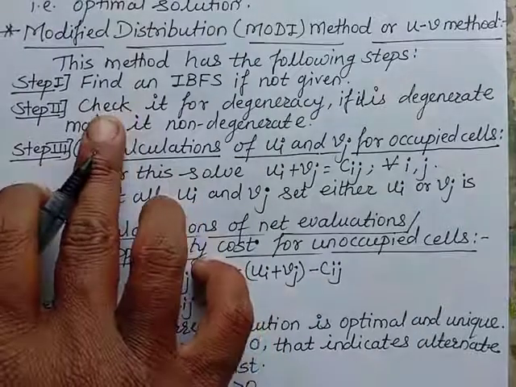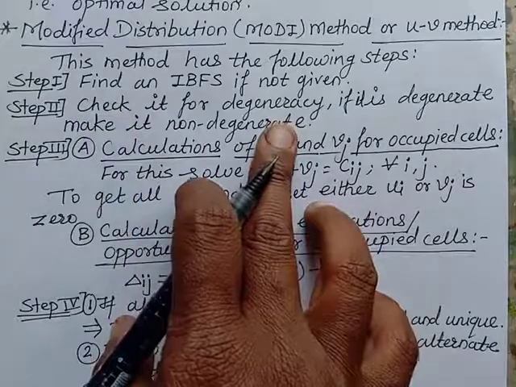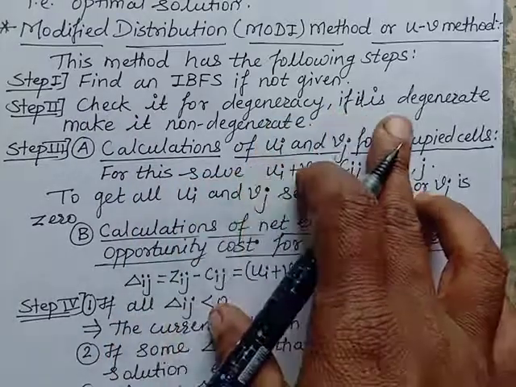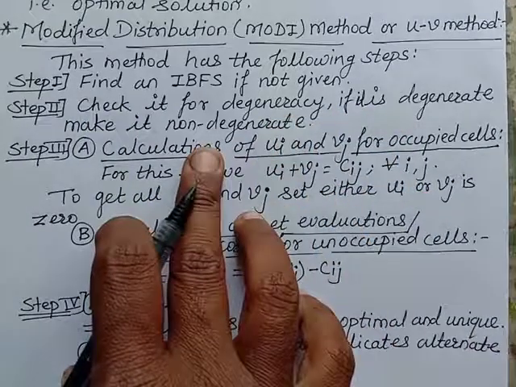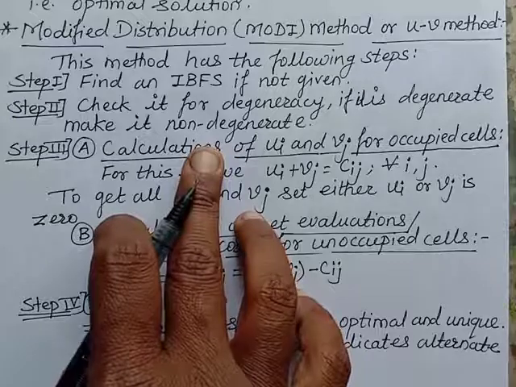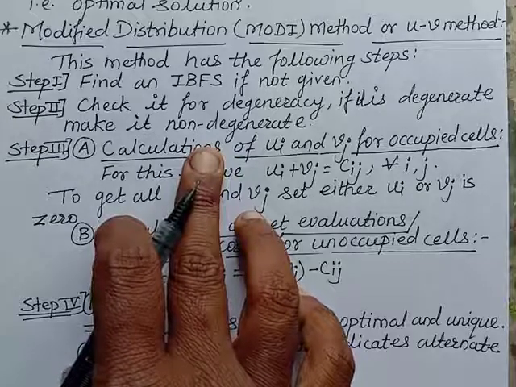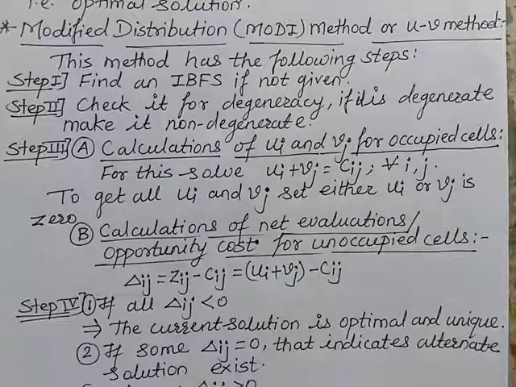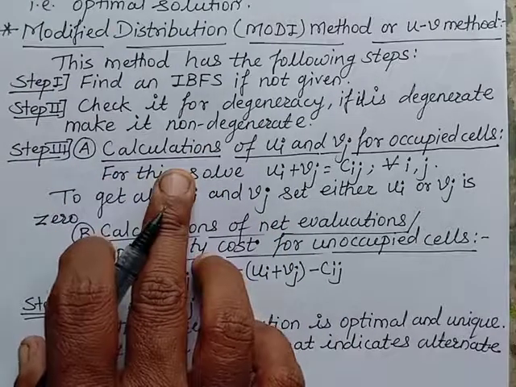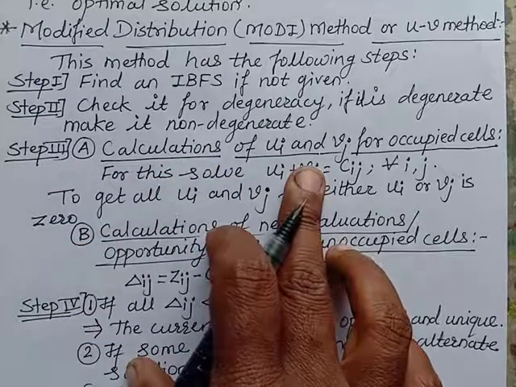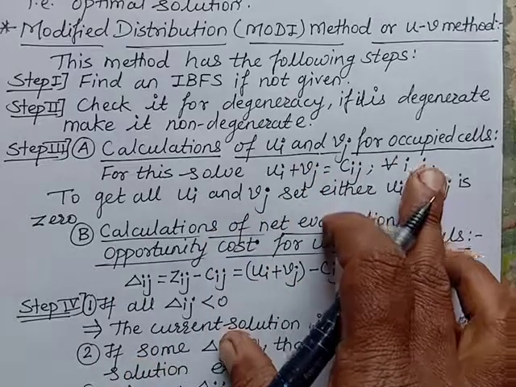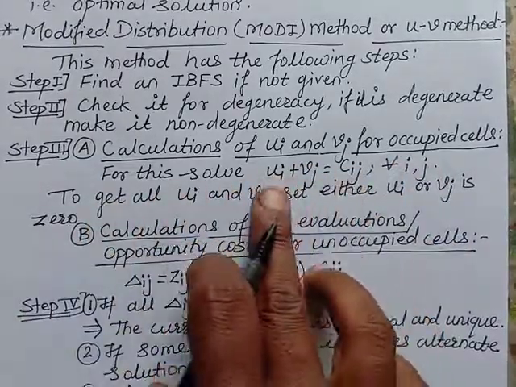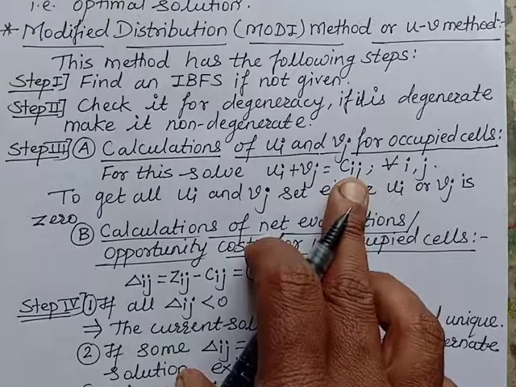What the second step says, check it for degeneracy. And if it is degenerate, we have to make it non-degenerate. Already I taught you how to make it non-degenerate using a smallest value, that will be an epsilon, at the lowest cost. Step 3 says we have to do the calculations of ui and vj for occupied cells. For that we have the formula ui plus vj equal to cij.